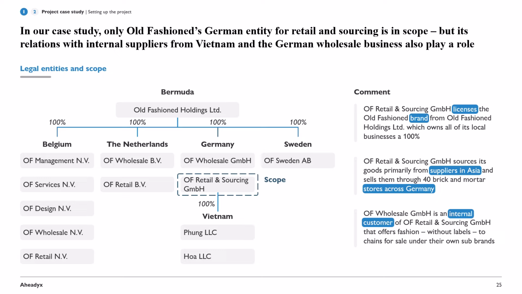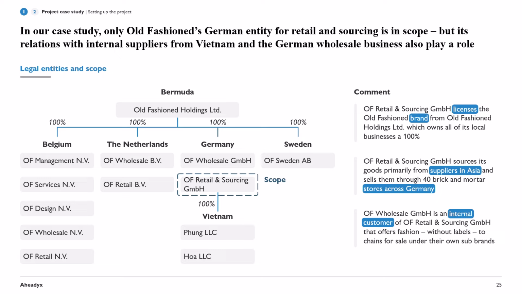Regarding comment number 3, I should also mention that the retail and sourcing business has some 3.4 million euros in book due receivables that it expects to collect from the wholesale business, but the wholesale business then expects to get paid itself by its own external customers, warehouse chains that is, soon. And here factoring would be an option to collect the money faster, but in exchange for that you would lose a bit of money for factoring fees.